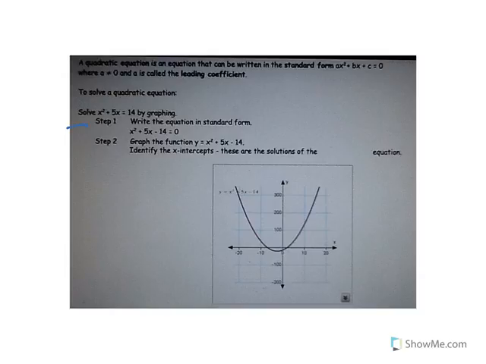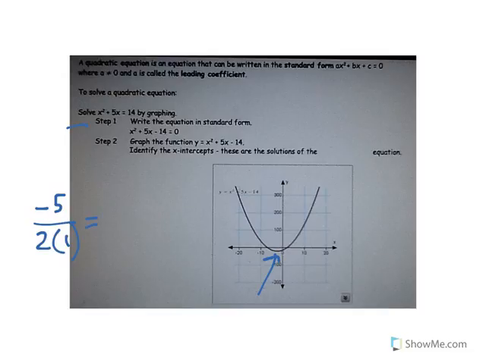The way I like to do it is I like to find that bottom point first. So I'm going to go ahead and, remember that negative b, so in this case here negative b is going to be negative 5 over 2a, so it's going to be 2 times 1.